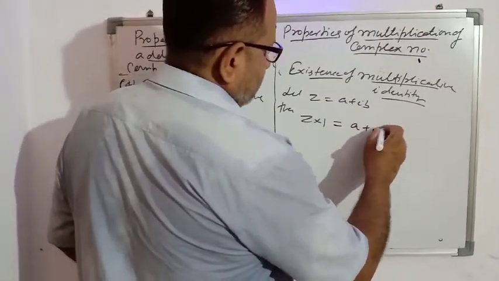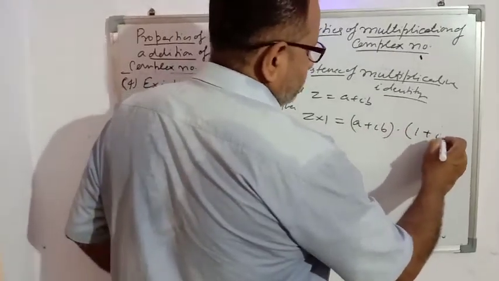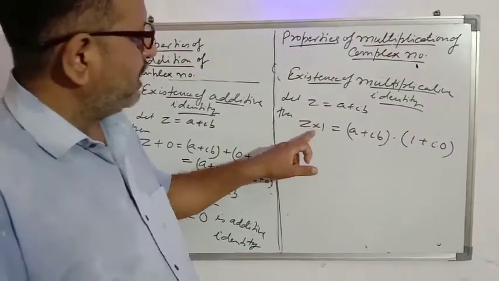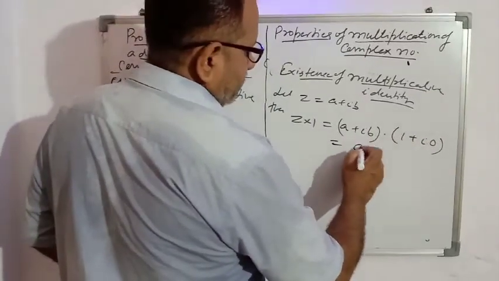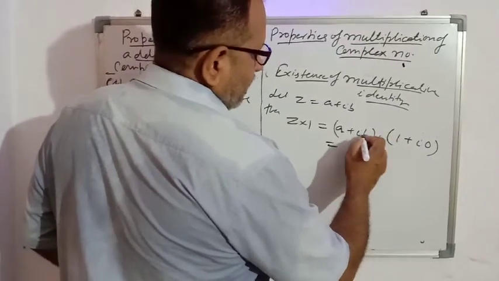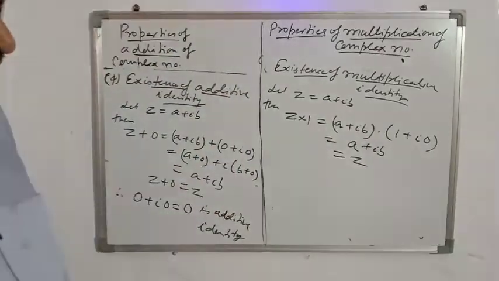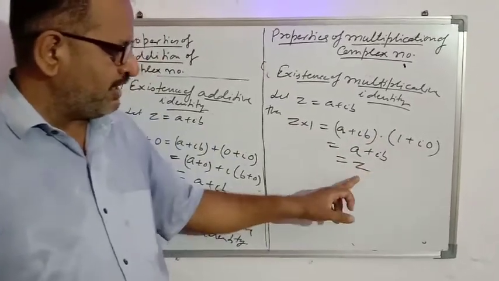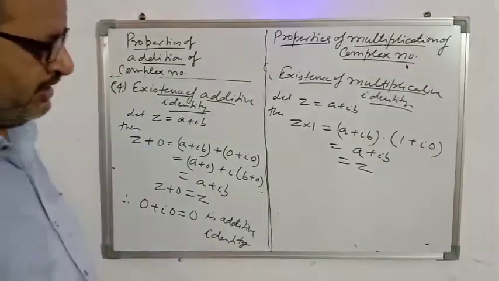We can write it like this: A plus IB into 1 means 1 plus I0. If we multiply any complex number Z by 1 plus I0, what we will get? A into 1, A. A into I0, it will come 0. IB into 1, IB. IB into 0, 0 will come. So again we are getting the same complex number Z. So when we multiply a complex number by 1, we get the same complex number. It means this one is called multiplicative identity.